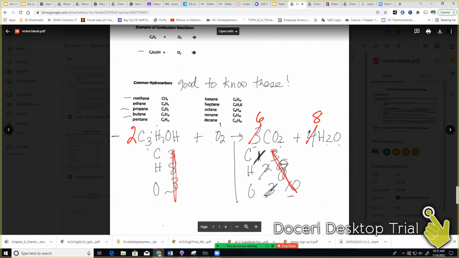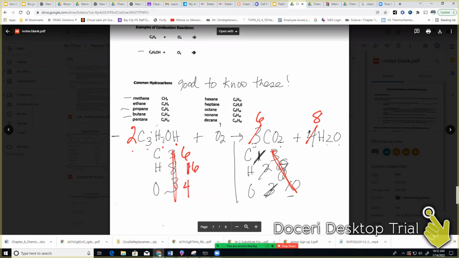So carbon, 2 times 3 is 6. Hydrogen is 7 times 2, that's 14. And then I have another 2 because I got 2 hydrogens to give me a total of 16. And at this point, how many oxygen do I have on the reactant side? 4, right?